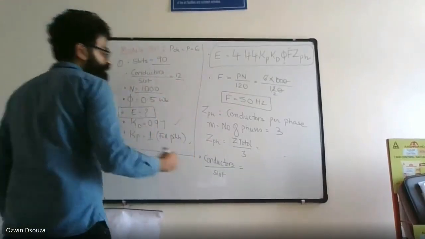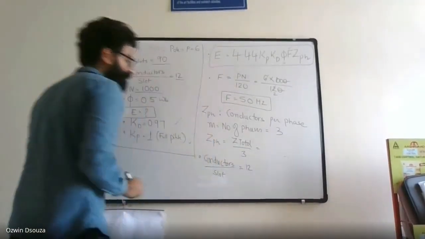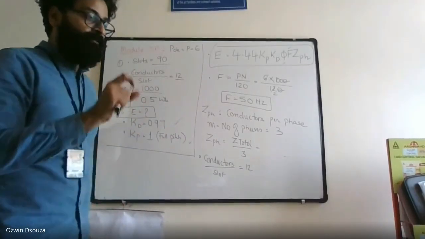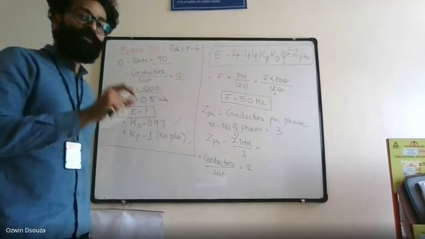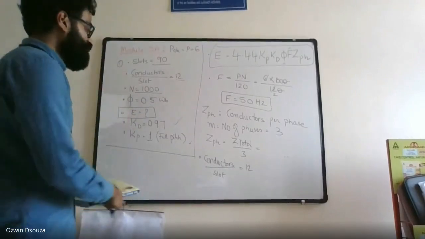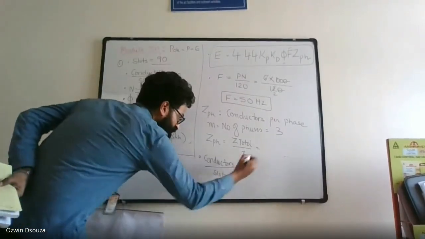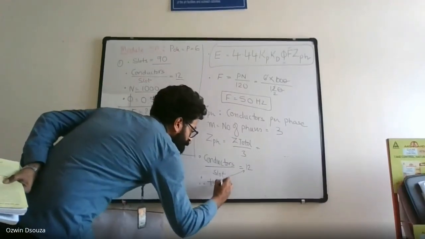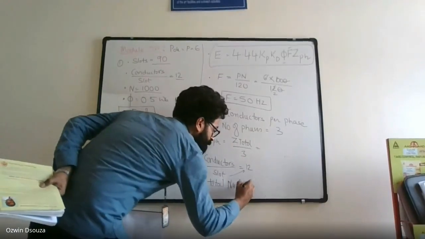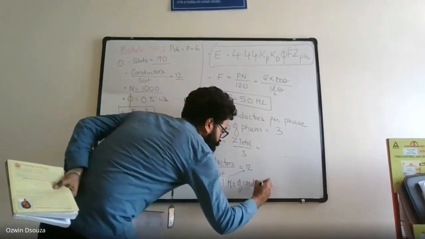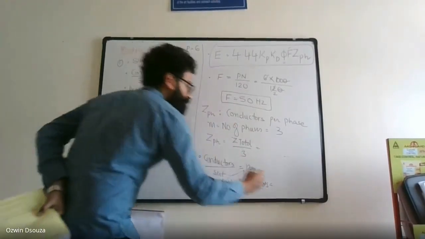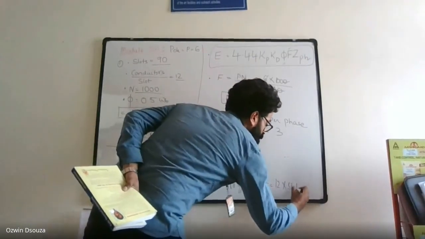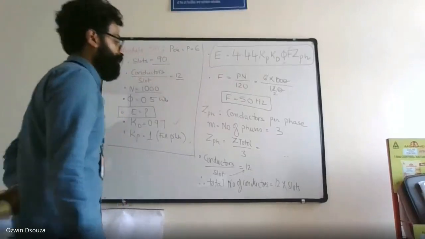It is given as 12. That means in every stator slot, there are 12 conductors. So what is the number of conductors? So just cross multiply. Therefore, total number of conductors is equal to 12 into slots.